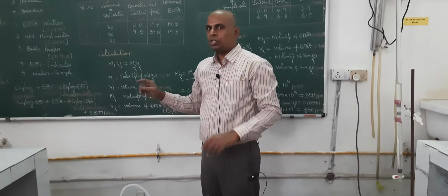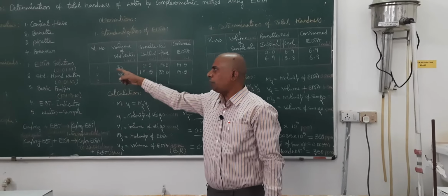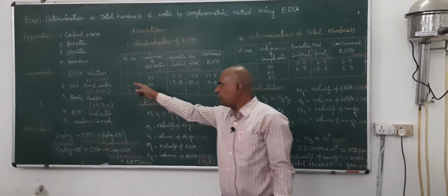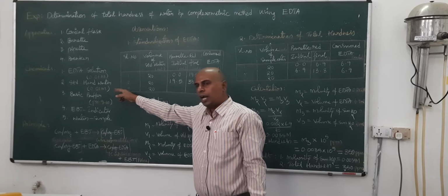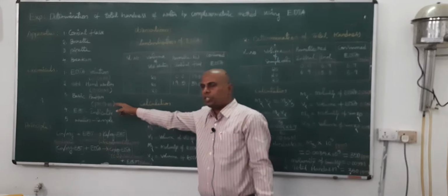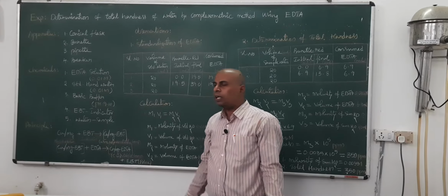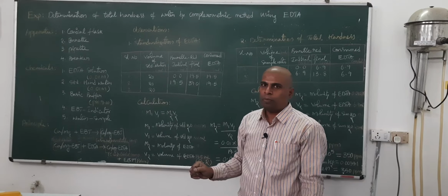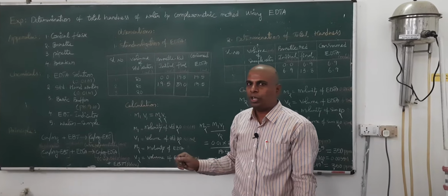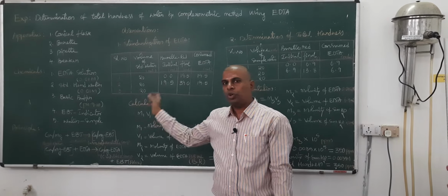And the chemicals. Here we require five chemicals. One is EDTA solution, second is standard hard water, third is a basic buffer of pH 9 to 10, fourth is EBT indicator, and fifth is the water sample, because whatever water sample we are going to analyze, we estimate its total hardness.